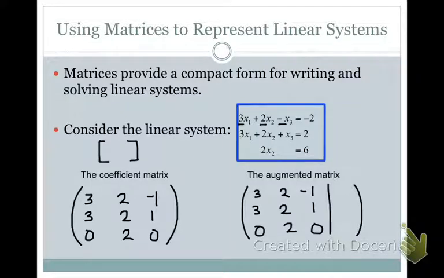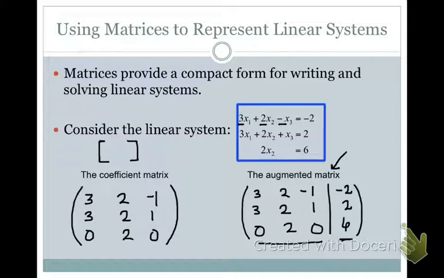When we write the augmented matrix for the linear system, notice that to the left it looks like the coefficient matrix, and then we write this bar, and to the right of the bar we write the constant terms, which are -2, 2, and 6. So the augmented matrix is the coefficient matrix augmented with the constant terms.